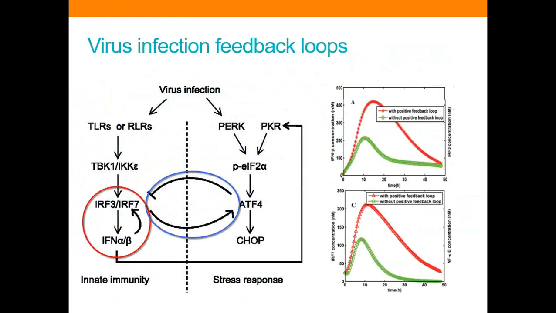So what this does is it results in a steady state, because if you get more IRF3 and IRF7, which increases ATF4, the more ATF4 you have, the more suppression of IRF3 you have. And when you repress IRF3, you're producing less ATF4. So you basically have this steady state.